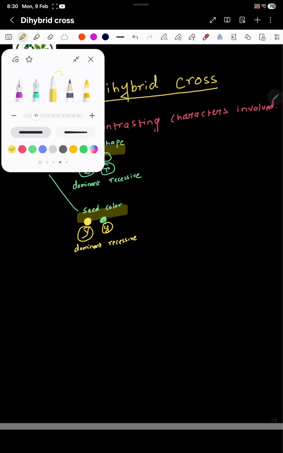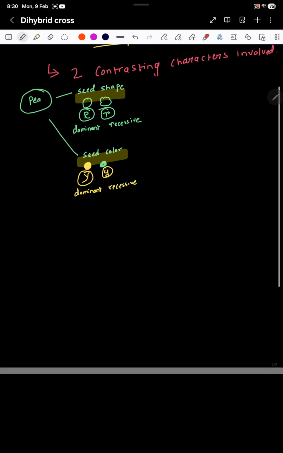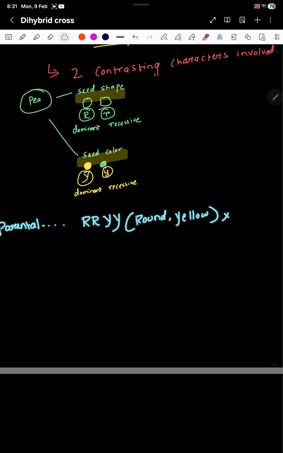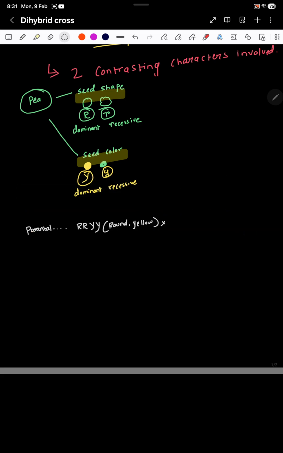See, in the parental generation, RR YY, that is round yellow, was crossed with small r small r, small y small y, which was wrinkled green.